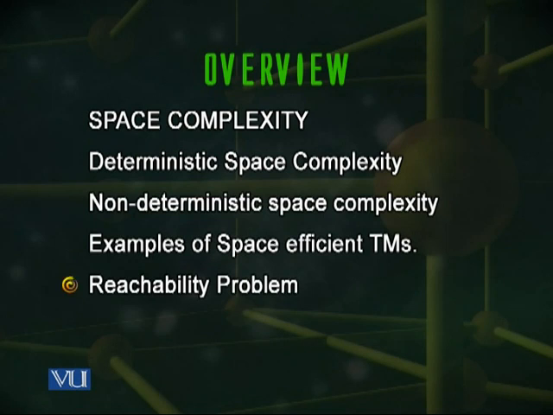Then we would look at an extremely important problem in space complexity theory called the reachability problem. And after that, we would look at Savitch's theorem, which is an extremely celebrated theorem because it solves the space complexity analog of the P versus NP problem.